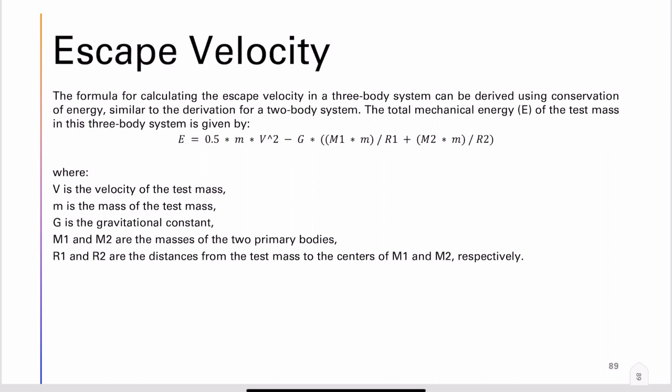Here the formula for calculating the escape velocity is the same: E is equal to the total mechanical energy of the system, which is given by the kinetic energy plus the potential energy, and the potential energy of the system includes the mass of that system also. Here the mass will not cancel out in the later part, we will see that.